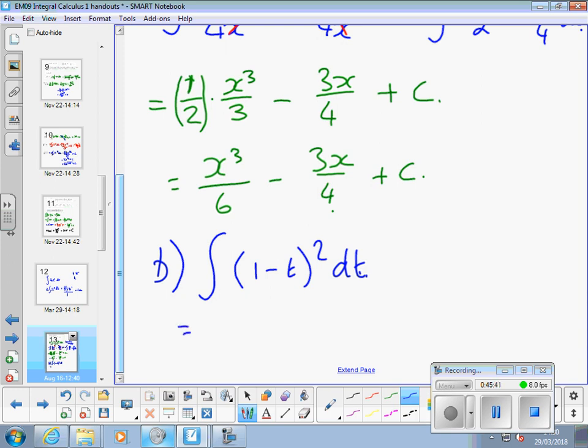Squared: we've got 1, minus t, minus t, and minus t times minus t. So that's 1 minus 2t plus t squared.